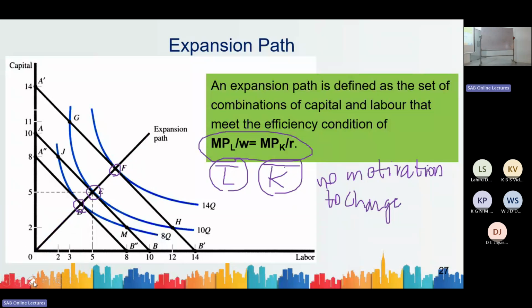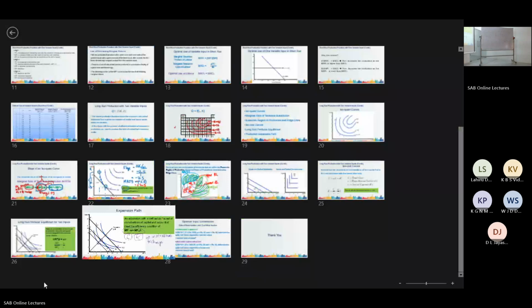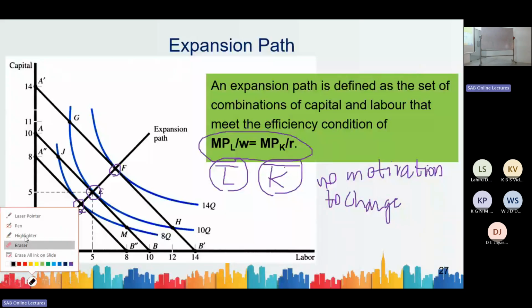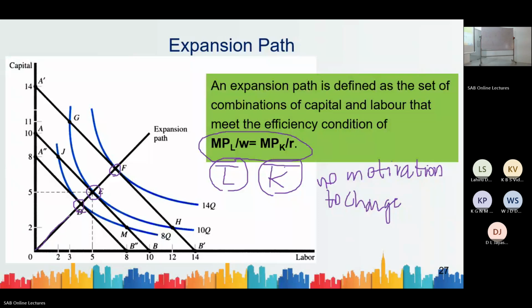Got it? So the expansion path shows the combinations of capital and labor that meet the equilibrium condition or efficiency condition of MPL over W equals MPK over R. That is the expansion path.